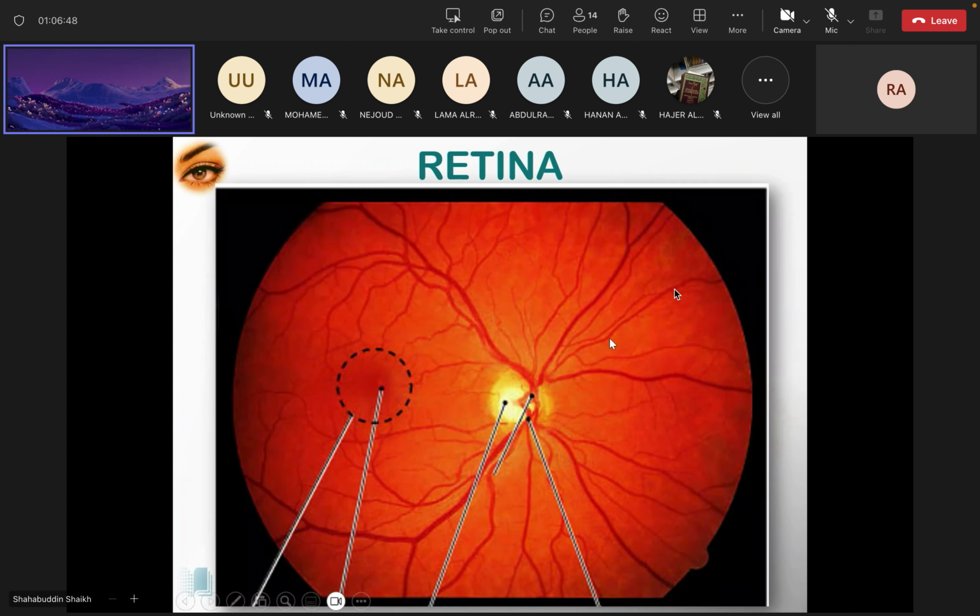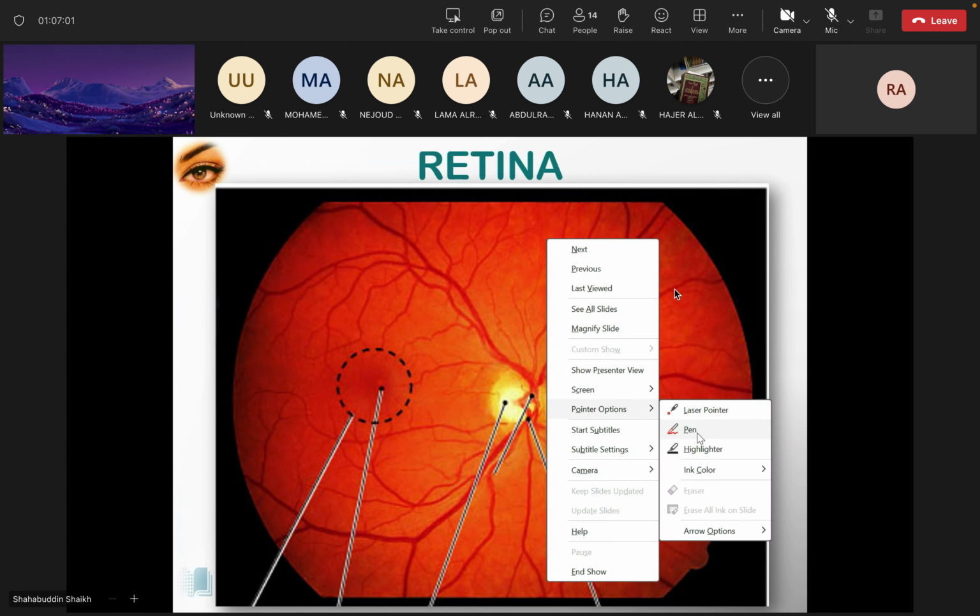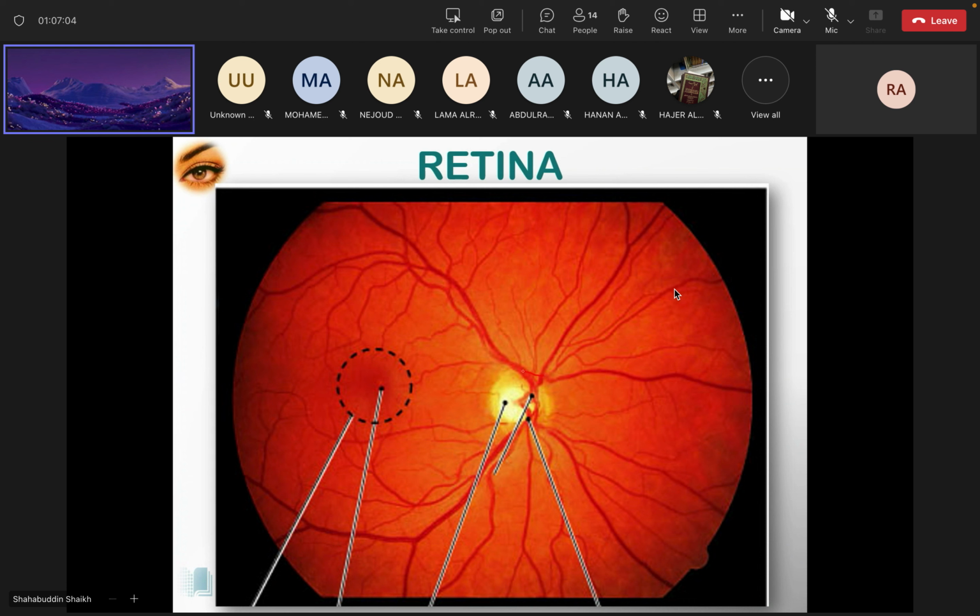So let us go to this retina part here. On the medial side, when you are looking through the ophthalmoscope, towards the nose, you will find a slightly less red structure.